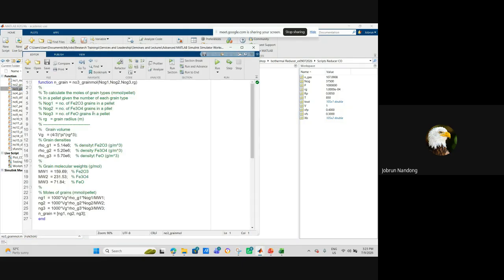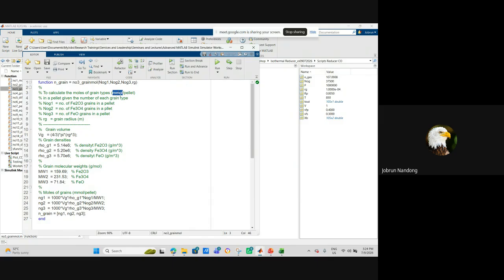This one. So number and grade. Again, the name is up to you. Normally, I use a name which is quite easy to recall. Okay, so this is the function name. Then there is the name of the output that you want to calculate, the moles of the grain type. Here I indicate that it's a millimole, because the grain is very small and the pellet is very small.